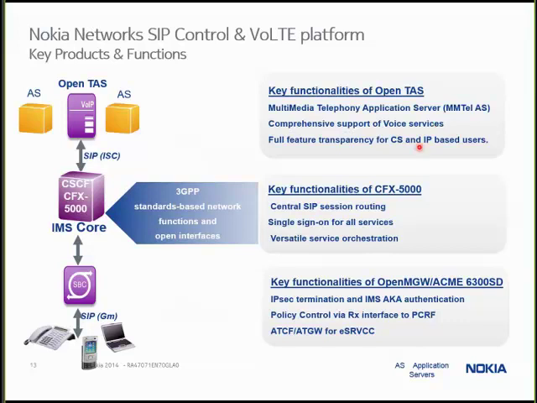We could actually do video. We could also have the ability to change from an IP-based user into a circuit switch-based user as we move from a VoLTE network, or voice over IP network over LTE, into a non-voice over IP network such as GSM or UMTS or even CDMA 2000.